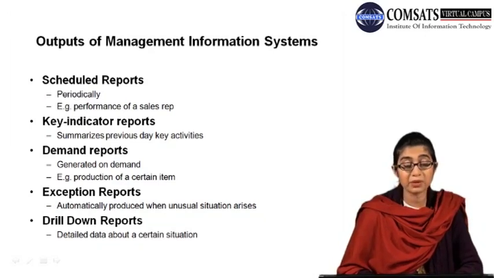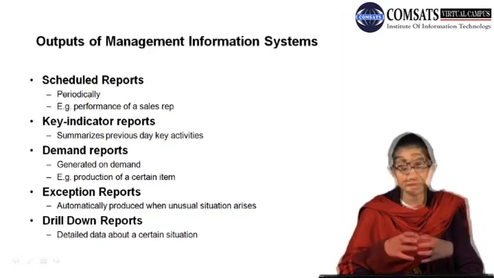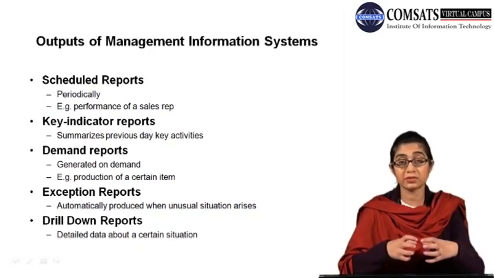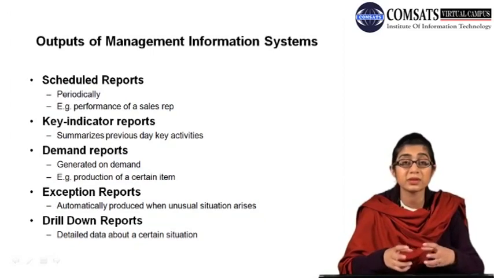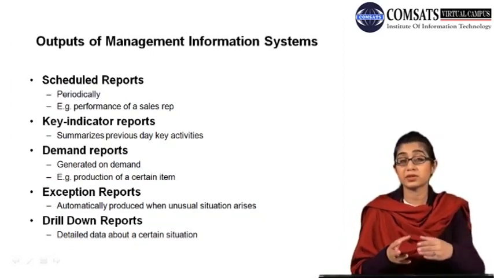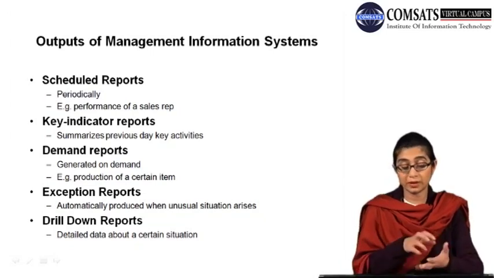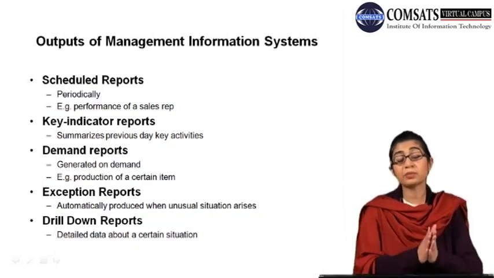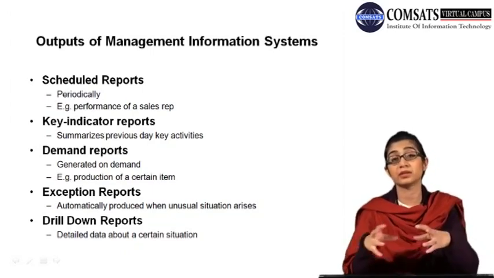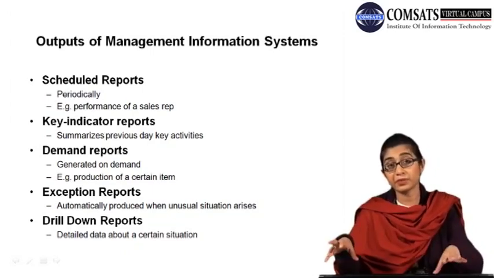Then the next type of report is the drill down reports. These drill down reports basically help you to achieve detailed data about a certain situation. For example, a first level of drill down report would be that you're looking at the sales of the company.